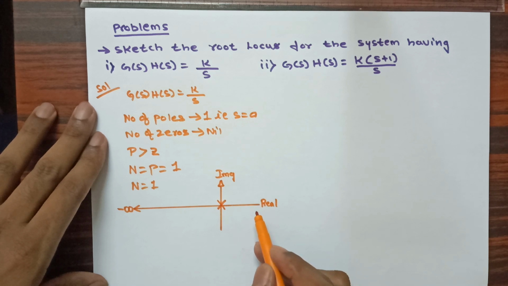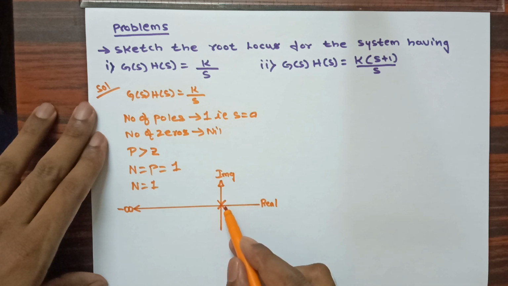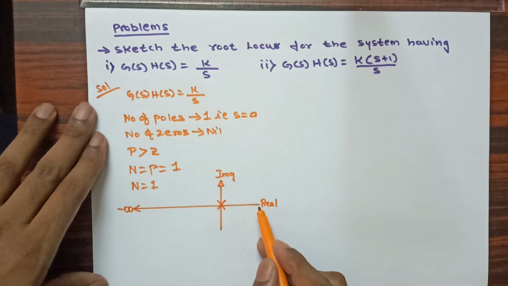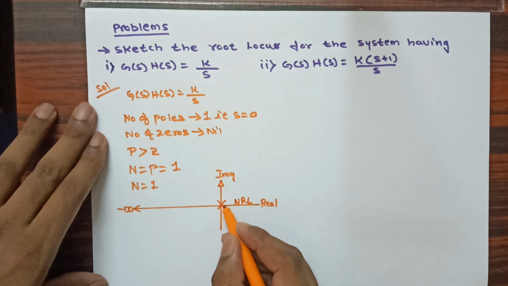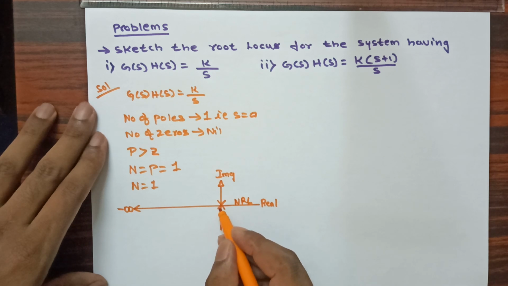Now from the right hand side, you can see that from this point to this point I am not having any pole or zero, that is the count is 0, and 0 is an even count. Therefore from this point to this point I am considering no root locus path. Now at this point we are getting one pole, that is at the origin, the count is 1 and 1 is odd, and for an odd count we consider the root locus.